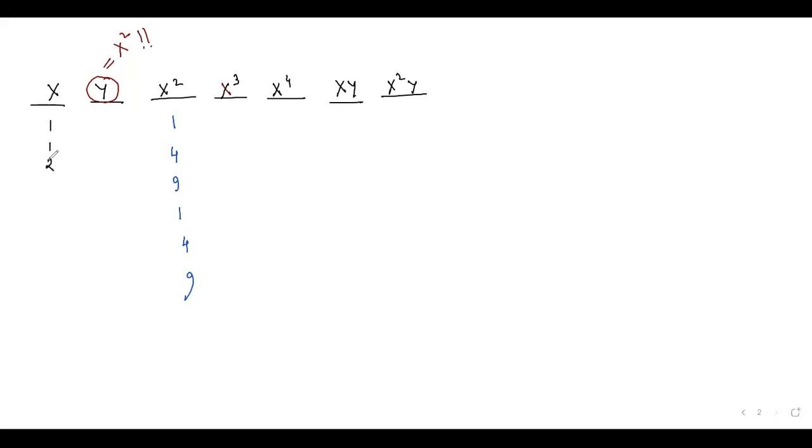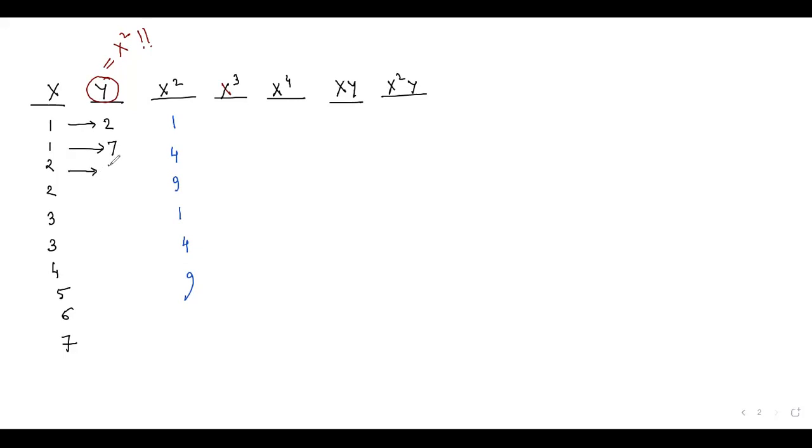So we have 1, 1, 2, 2, 3, 3, 4, 5, 6, 7. Okay, I'm choosing this, and 1 goes to 2, and this is related to 7.